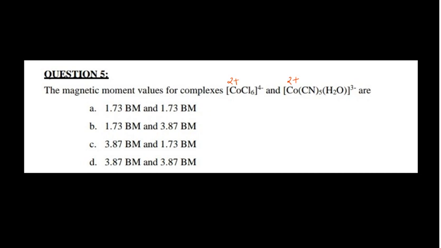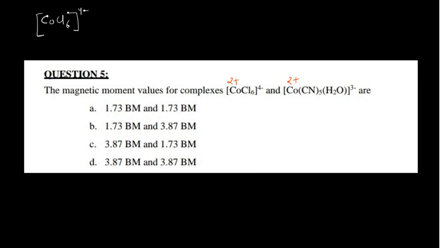Okay, so if you see this particular complex, I can write the formula here. You are having CoCl6, this complex, with 4 negative charge. Sorry, not 2 positive, 4 negative is there.